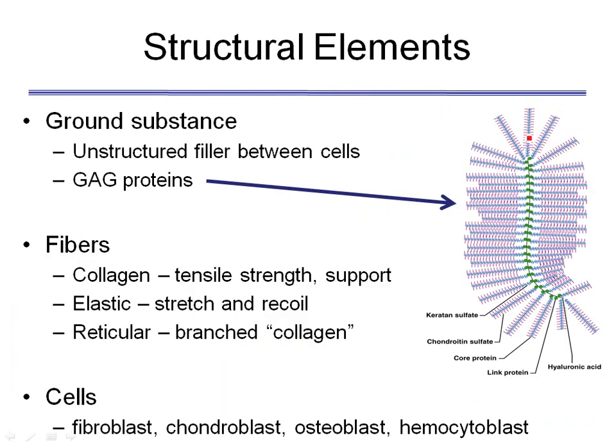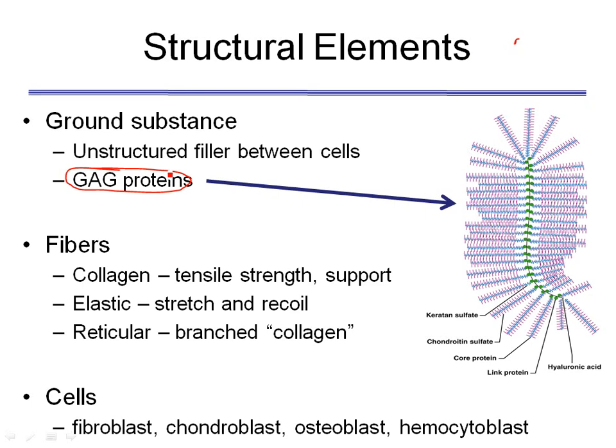Alright, so let's go back to the structural elements. Remember, it's cells in an extracellular matrix. Extracellular matrix is ground substance plus fibers. Ground substance can contain this protein called GAG, which stands for glycosaminoglycan.